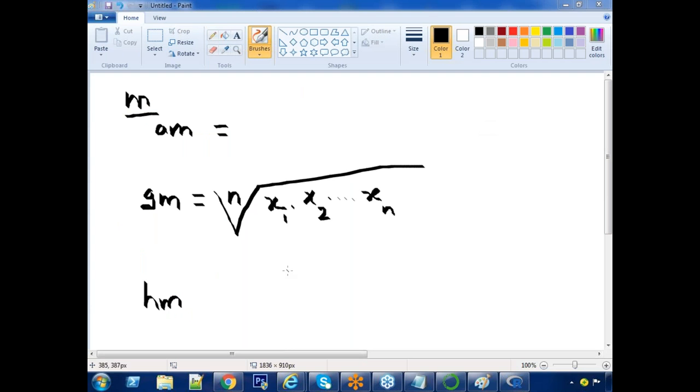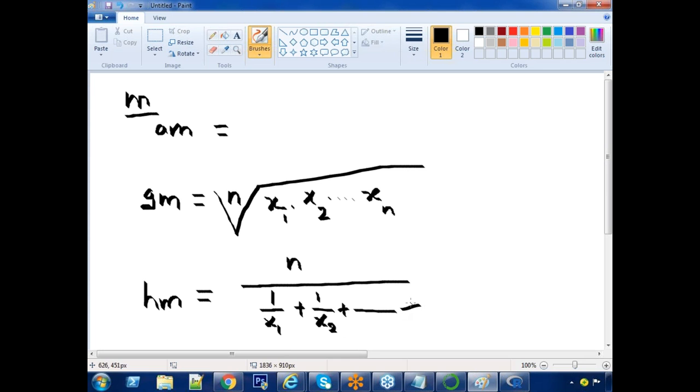Changing this formula, I'm writing the formula for harmonic mean. Here, 1 by x1 plus, that means 1 divided by the first element, 1 divided by the second element, and so on, 1 divided by the last nth element.